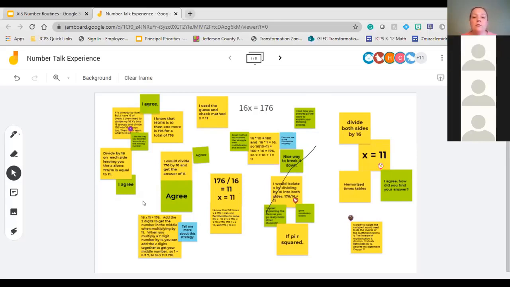Okay. So what we had to do was the inverse operation. Currently, because the coefficient next to the variable is being multiplied, the inverse of multiplication is division. So we have to divide both sides by 16 to make sure both sides are still balanced out.